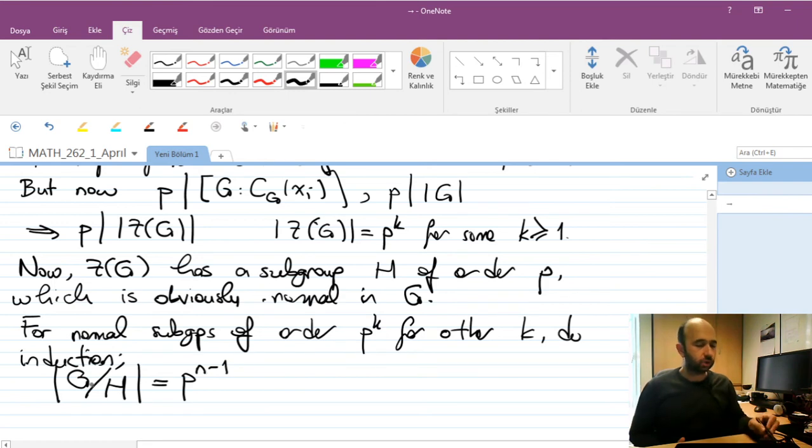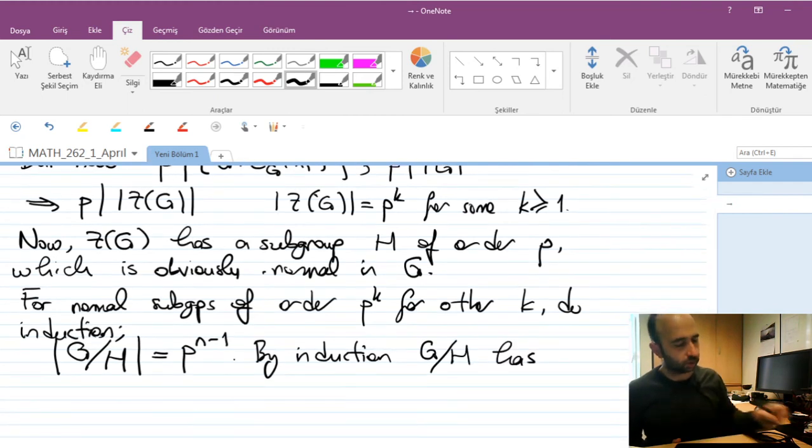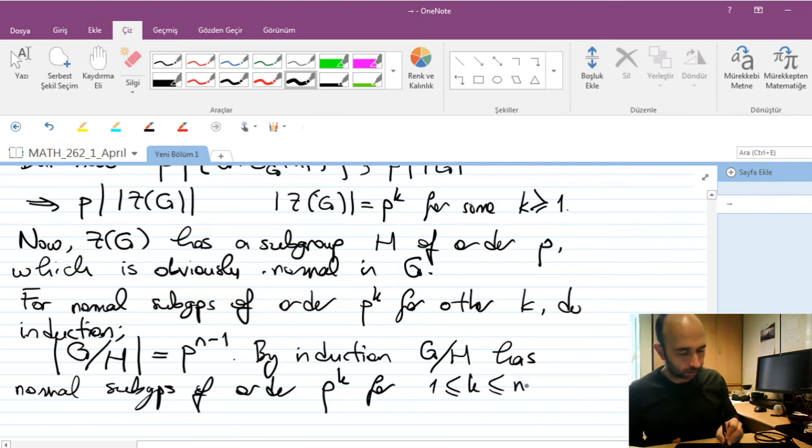Therefore, by induction, G quotient H has normal subgroups of order P to the K for K between 1 and n minus 2.